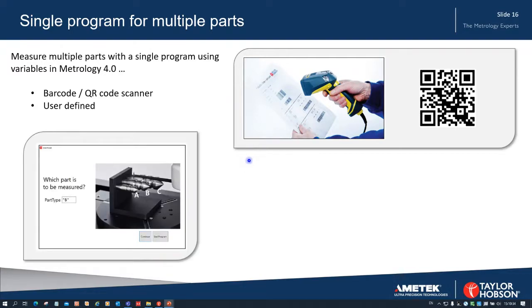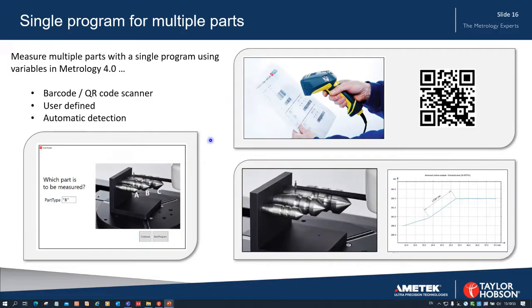Another way is to do it in a user-defined way, where the user says which part is to be measured, and you can see that in the picture at the bottom left here. In this case, we've typed in part B, and so it will go and measure on this demonstration sample here, part B in the middle. The third way, which we're going to look at in a minute in a short video, is the ability of the software to detect what part is there.